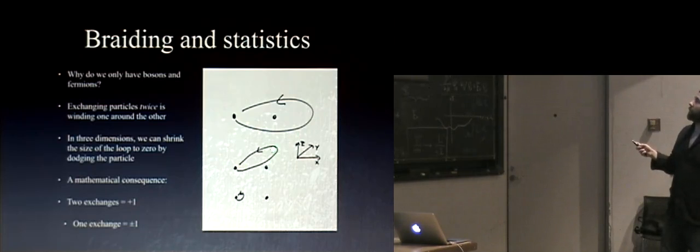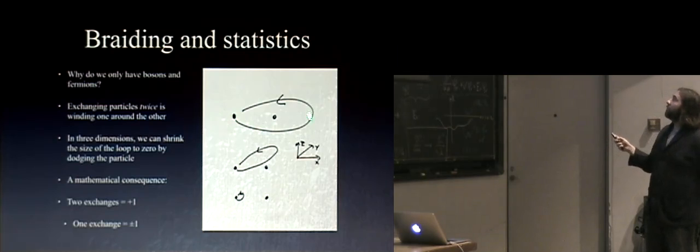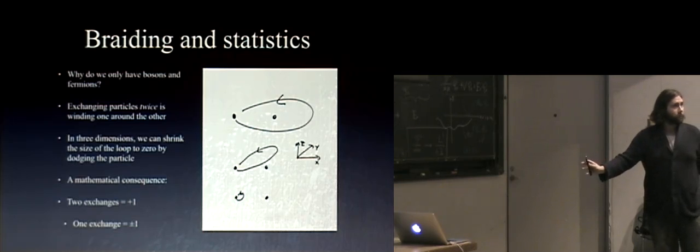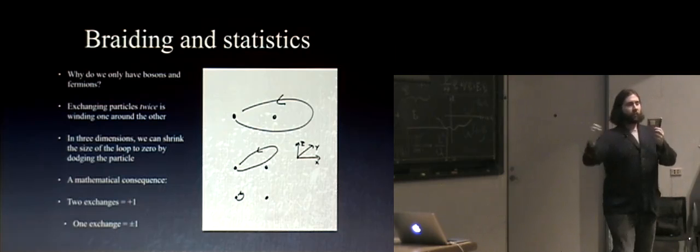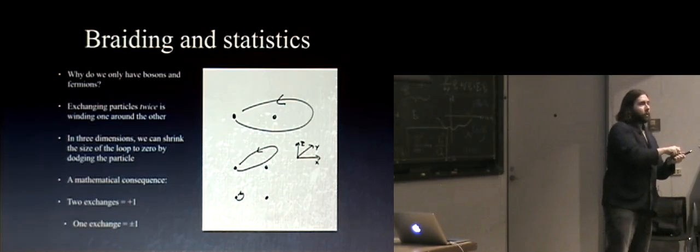I can just lift it up and shrink it down to 0 size, right? So the idea is that if I think about the topology of this path around this other point, this curve here is topologically equivalent to this particle not doing anything at all. Is that clear? Right, I have a rope sitting around something, but if I have 3 dimensions, I can just lift it up and pull it over the point.